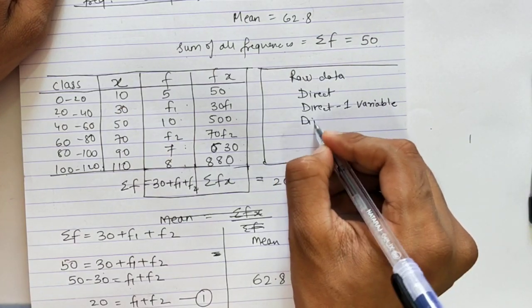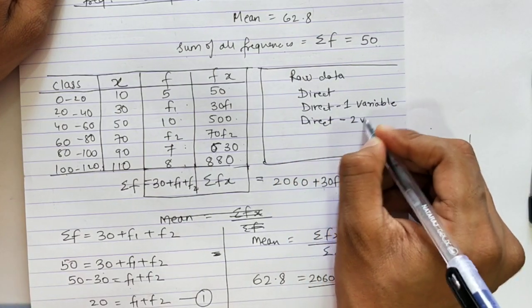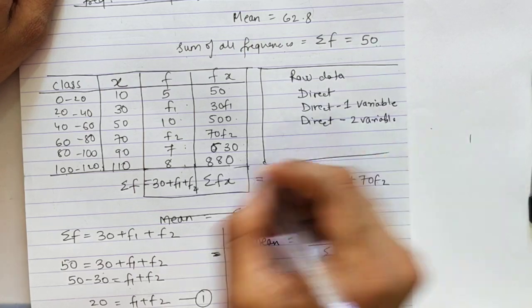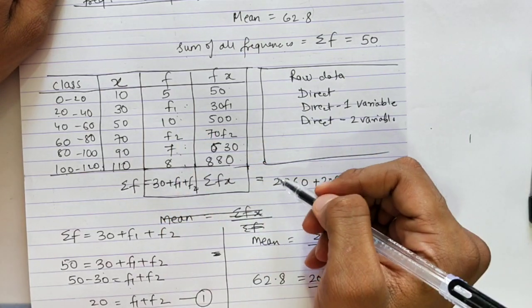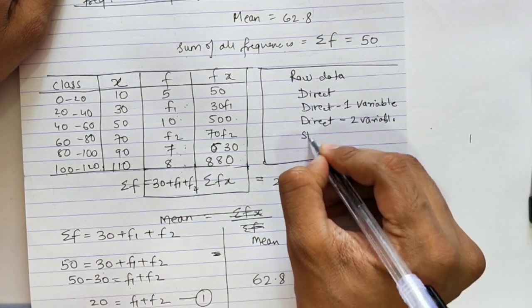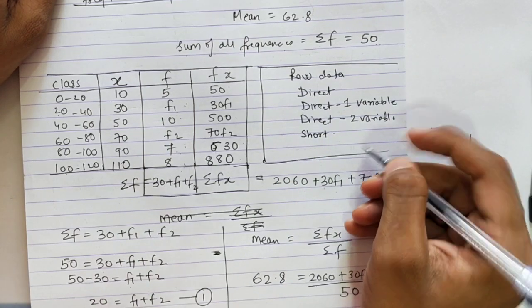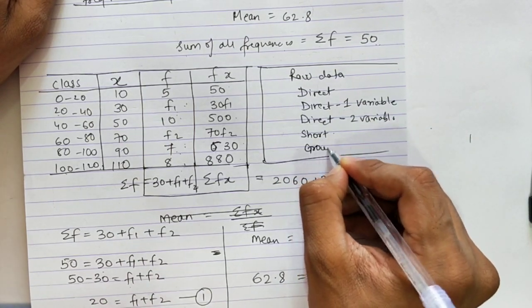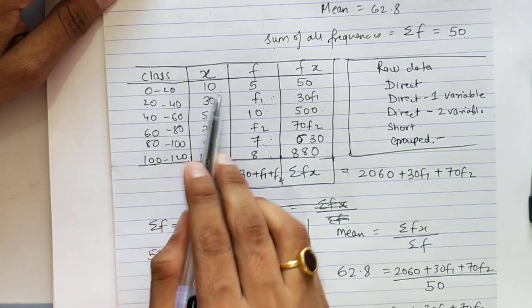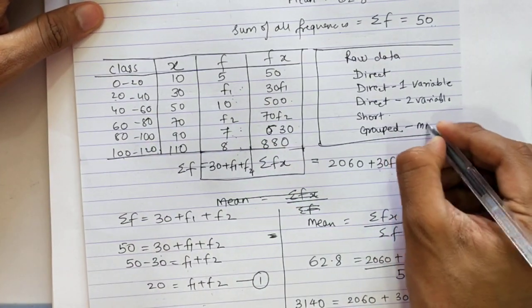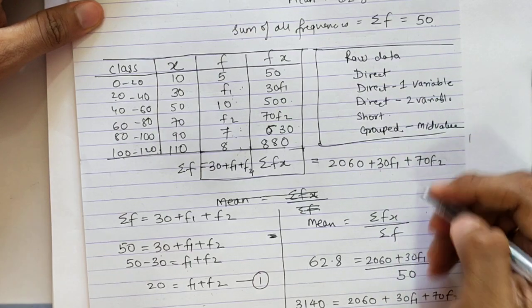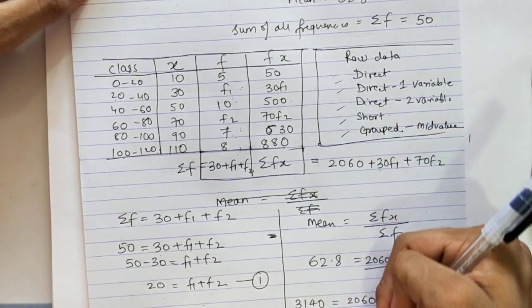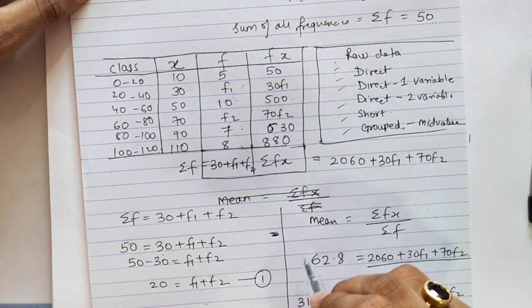Then we did sums with the direct method, two variables unknown, like this one. Then we did the shortcut method, and then we did grouped data also. Grouped data means this type of data where you find the mid values. So these are the types of sums which we have done till now in the two exercises.